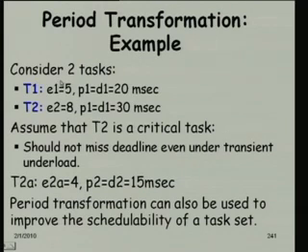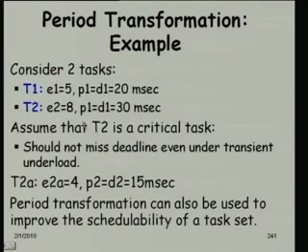So, let us consider two tasks. E1 is equal to 5 millisecond and the period is 20 millisecond, and E2 is 8 millisecond and the period is 30 millisecond. And then we find that T2 is a critical task, whereas T1 is not as critical as T2.